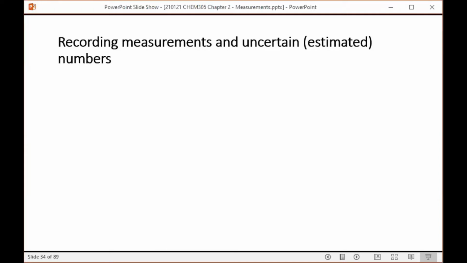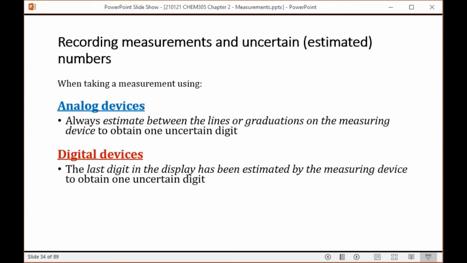So how do you record measurements that contain these uncertain or estimated numbers? When you're recording a measurement using an analog device like a ruler or a graduated cylinder, where you're reading the device yourself as a human, you always estimate between the lines or graduations on the measuring device to obtain that 1 uncertain digit.